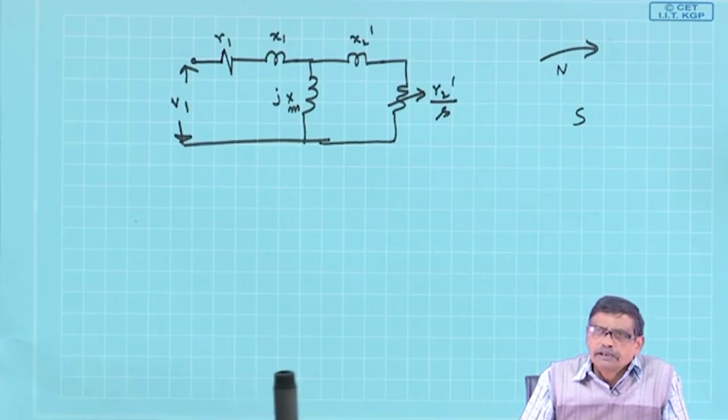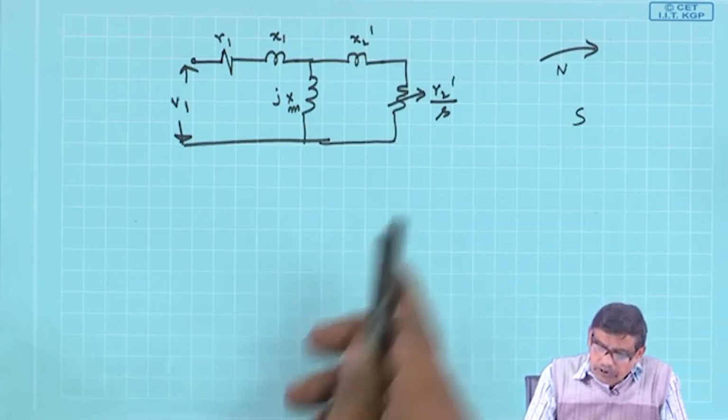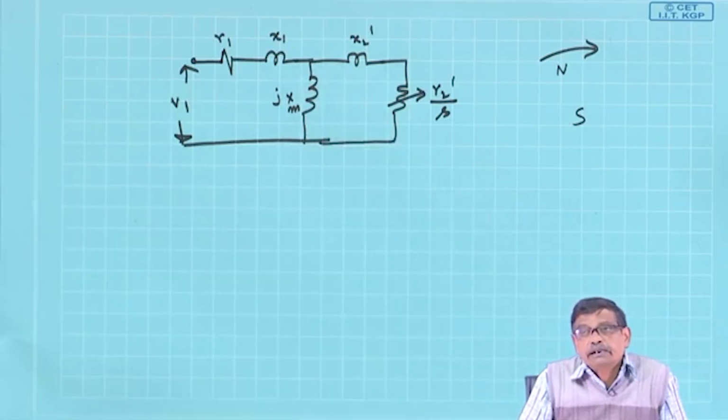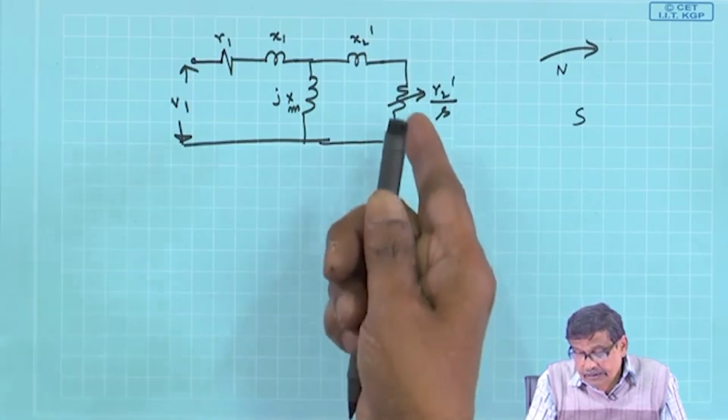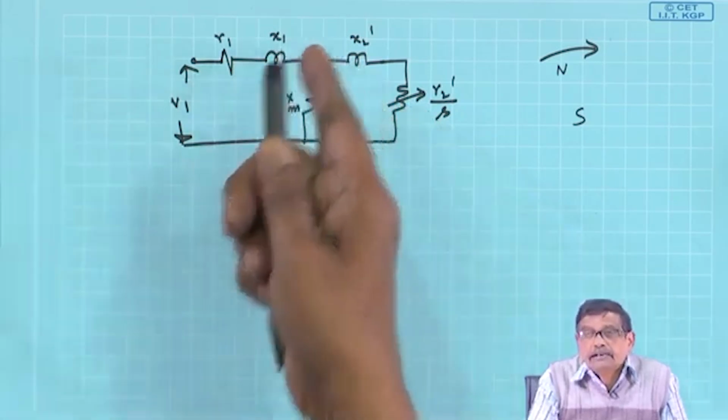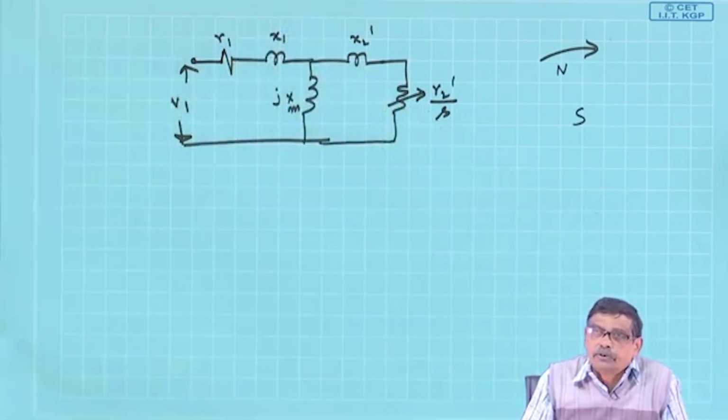So my thought process is: let some equivalent 3-phase winding be present, and R2 dashed and X2 dashed are respectively that equivalent per phase rotor resistance and standstill leakage reactance of the rotor.